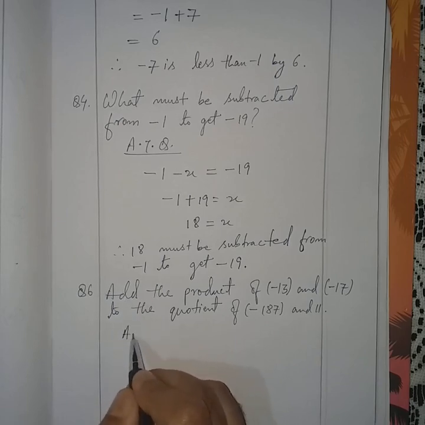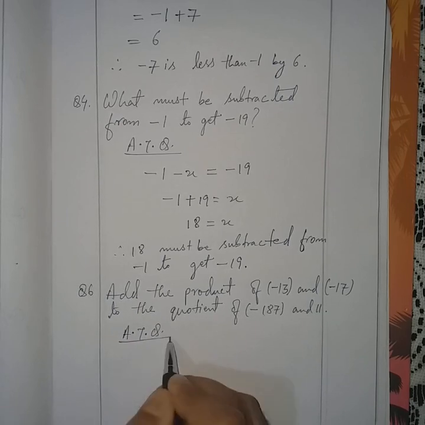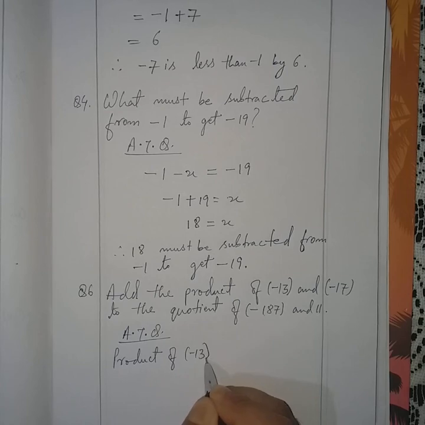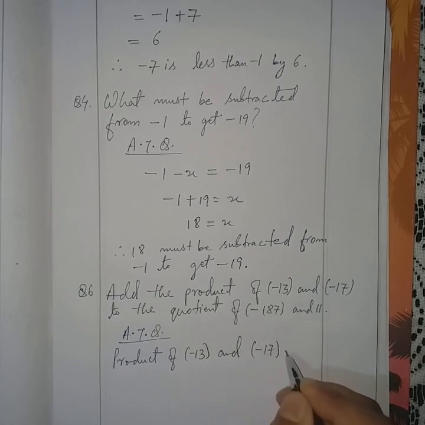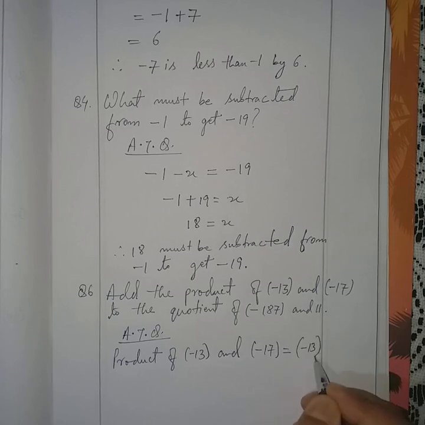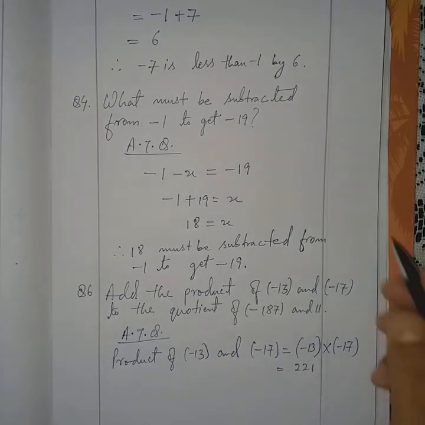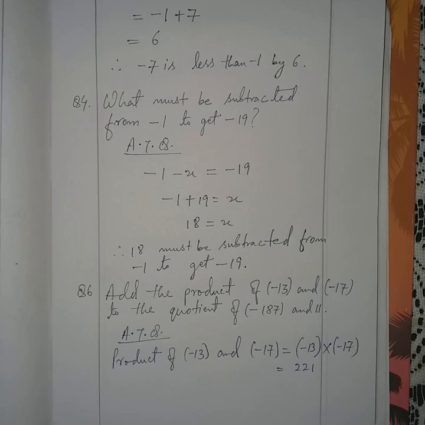So first let us find the product of minus 13 and minus 17, which is equal to minus 13 into minus 17. So both are negative numbers, minus into minus is plus, and 17 13 times is 221. You can do in rough this multiplication.